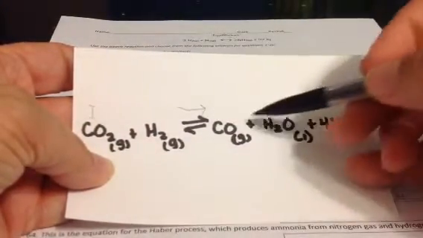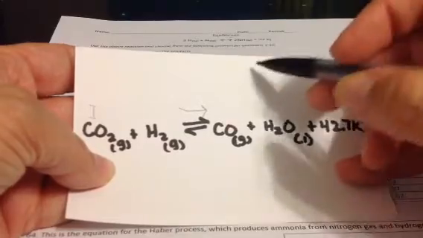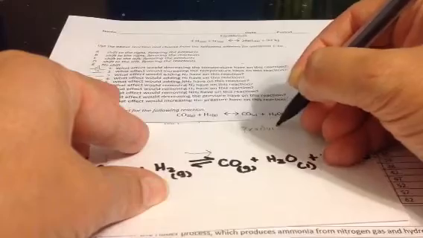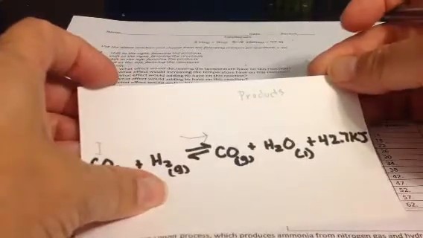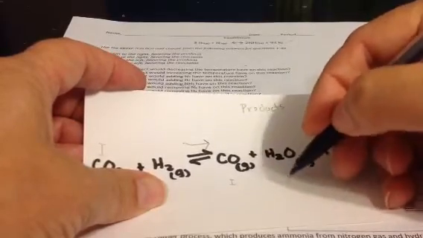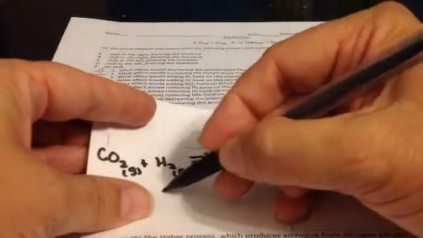Everybody on the right-hand side of this equation, which, by the way, are my products, is said to be favored. That means this guy is going to increase, and this guy is going to increase, and this guy is going to decrease.